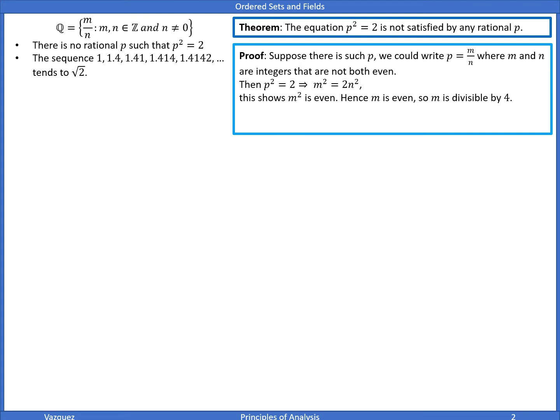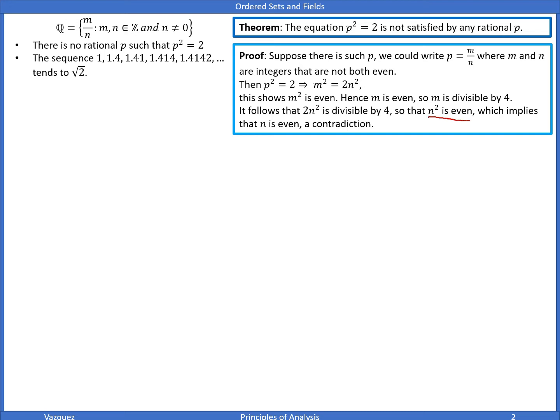Hence, m is even. So that means that m is divisible by 4, because if m squared is even, m is even, so it's divisible by 4. Now it follows that 2n squared is divisible by 4 as well, because m was divisible by 4.